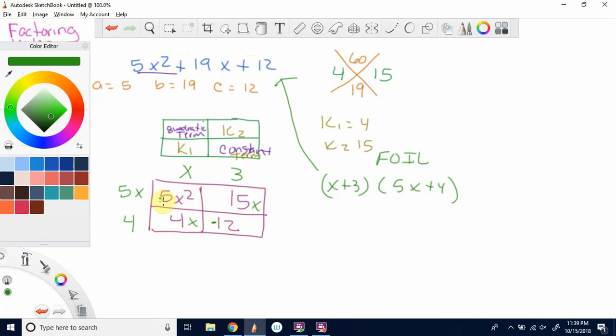If you have 2 negatives, but neither one of them are in the same row or the same column, then I factor out a negative here and here. It gets complicated, and you check that by doing FOIL. So it can be a little complicated when you have negatives. That's why I like this one better than grouping, but it can be a little tricky with the negatives.